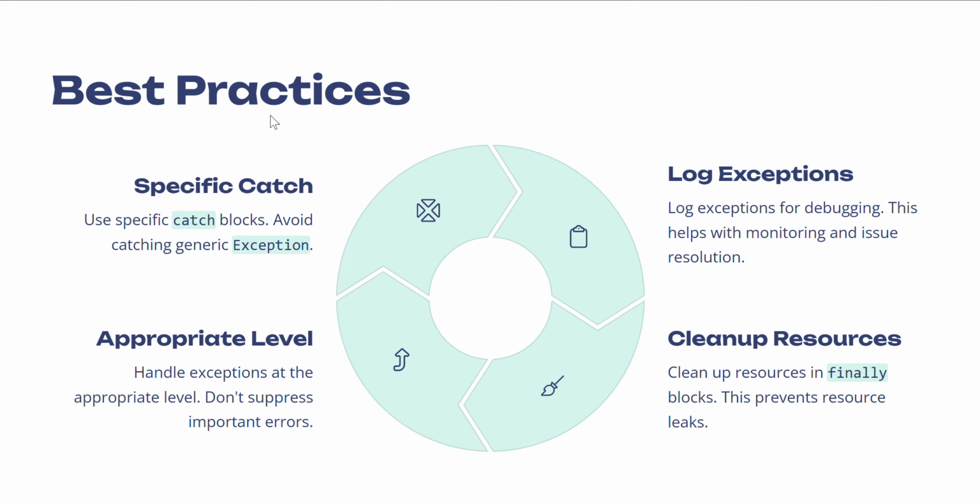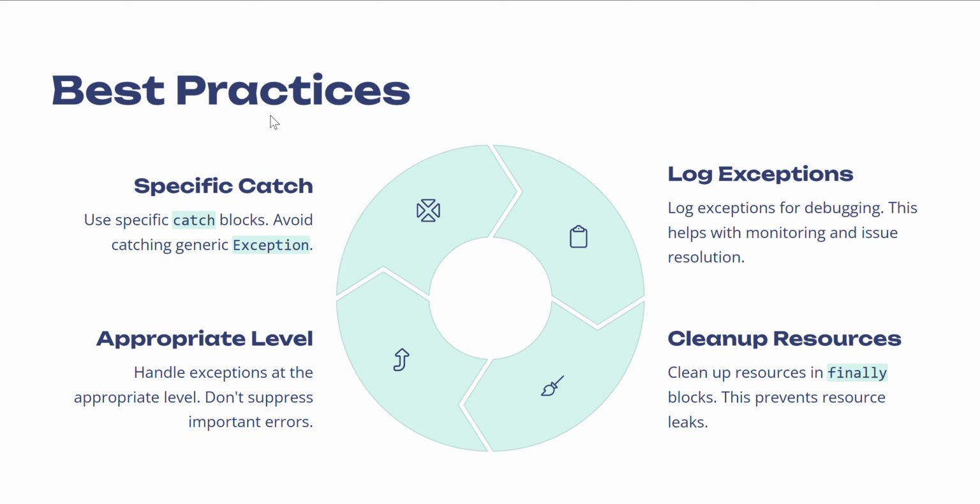Appropriate level. Exceptions are supposed to be handled at the appropriate level, and important error suppression is to be avoided. Many of the times, the application developers suppress the important errors, which gives a long term impact on the application, not the code. Therefore, handling the exceptions at the appropriate level enhances your code significantly.